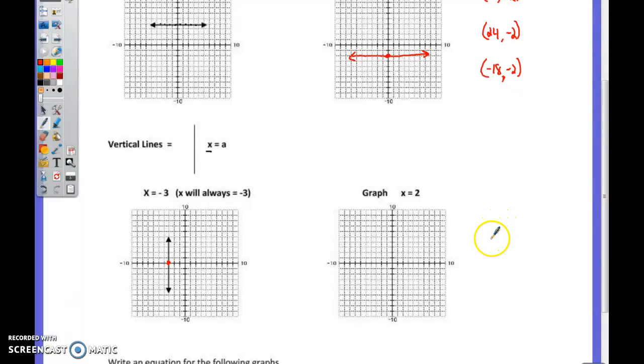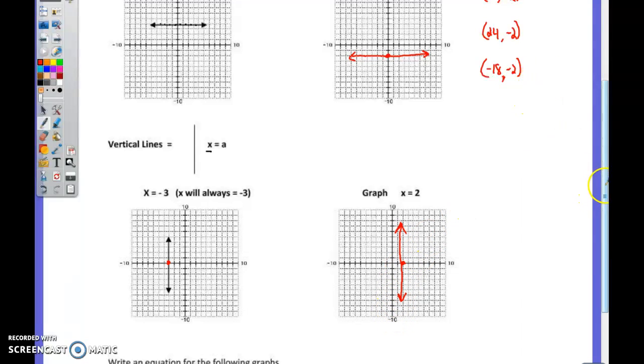Pause it if you need to, or pause the video. You would go to 1, 2, put a dot on the x-axis, and then draw a vertical line through that.